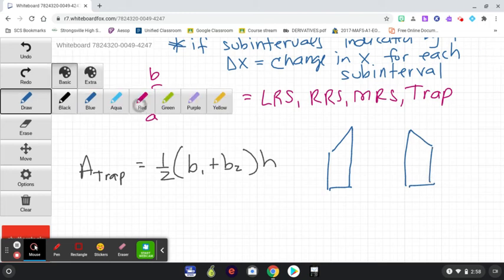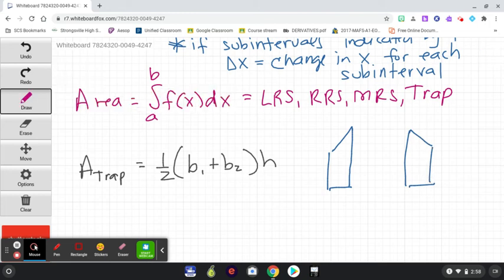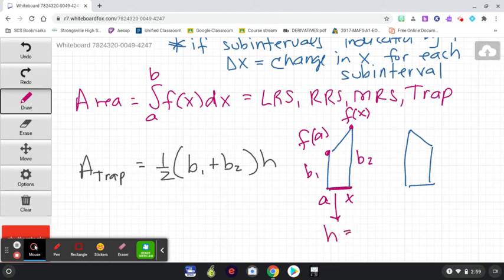Okay, and so I'm going to label my bases are going to be the height of your function, right? So we'll call this a and we'll call this x, f of a and f of x. Those are your bases. Your height is this right here, and that's your delta x, okay?